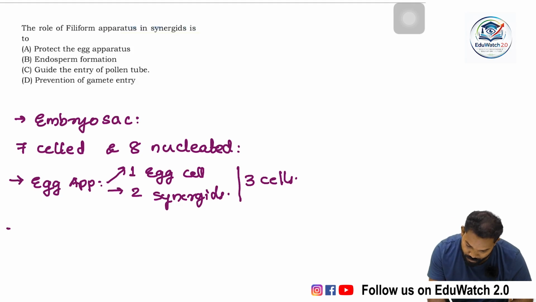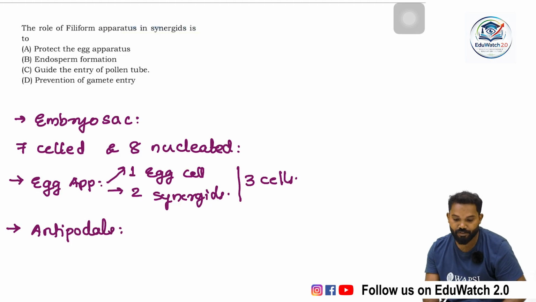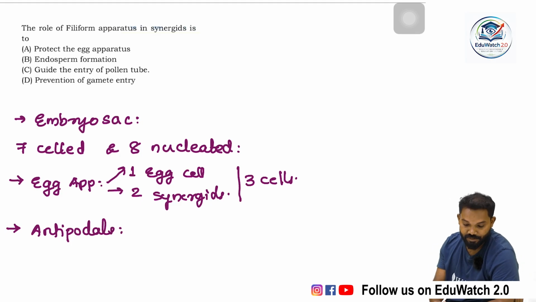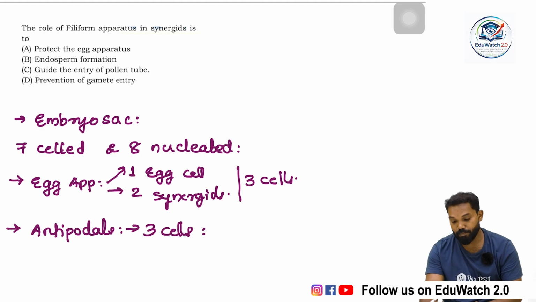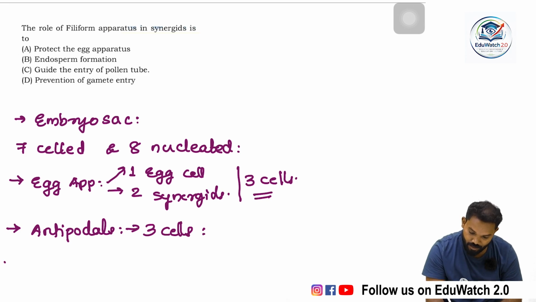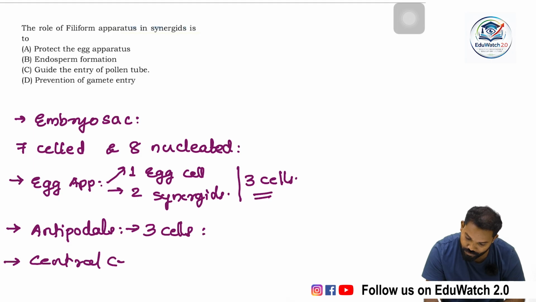The second group is antipodals. The cells at the chalazal region of the embryo sac, which consists of 3 cells, are known as antipodals. So here 3 cells, here 3 cells, so they are 6 cells. The next is the central cell, the large cell of the embryo sac.